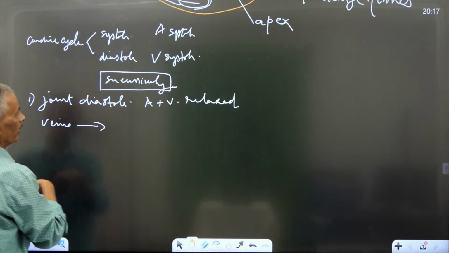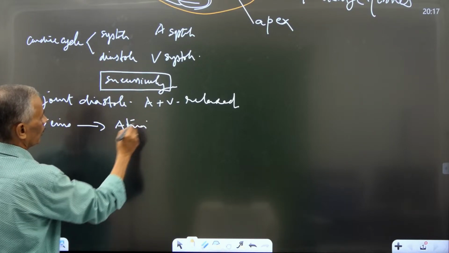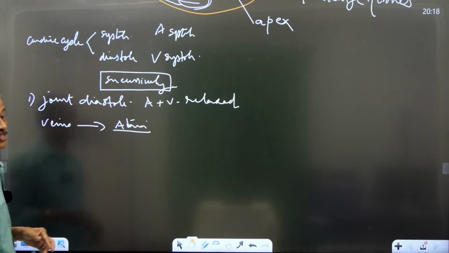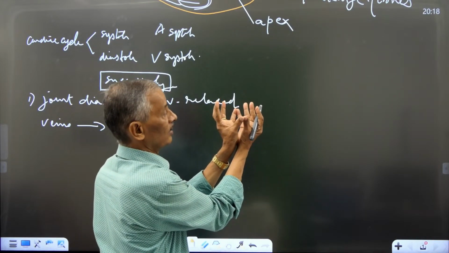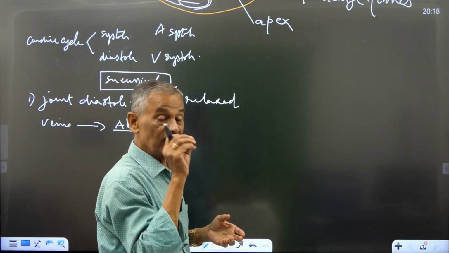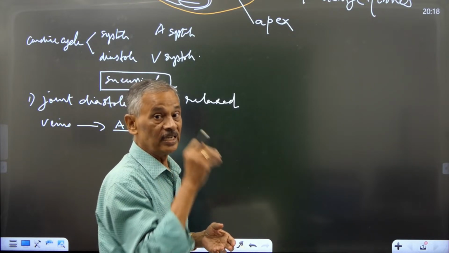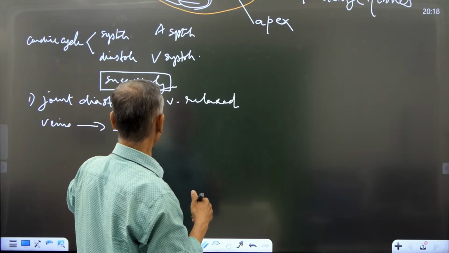Blood from veins enters into both atria, because in atria pressure is less. Why is pressure less? Because atria is in a fully relaxed condition. So there is less pressure inside the atria, and blood from veins enters into atrium.